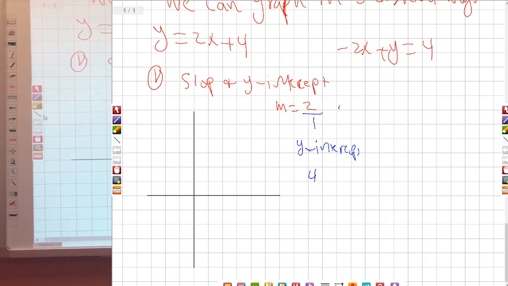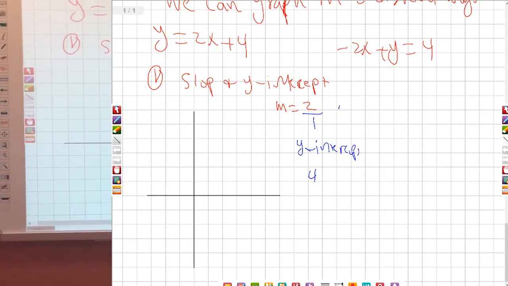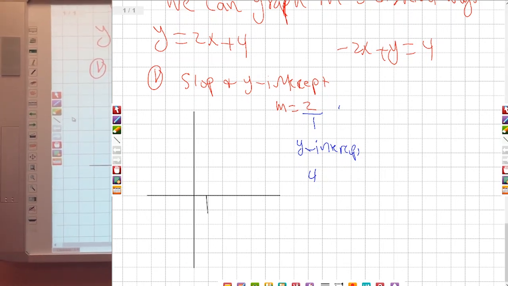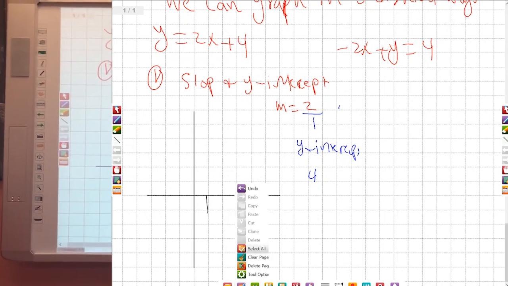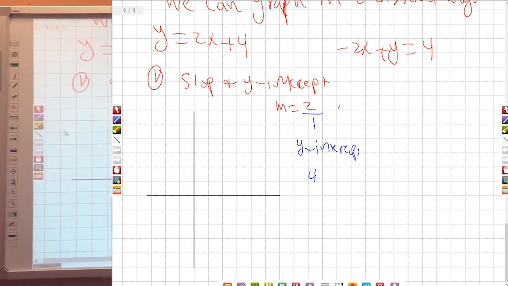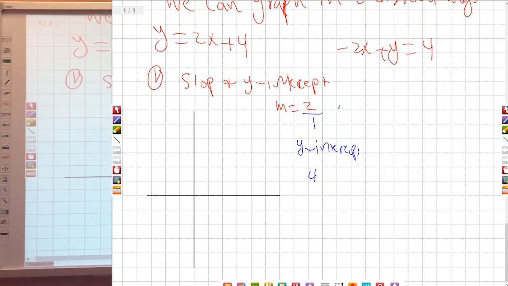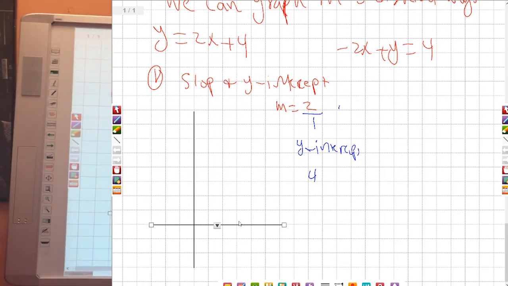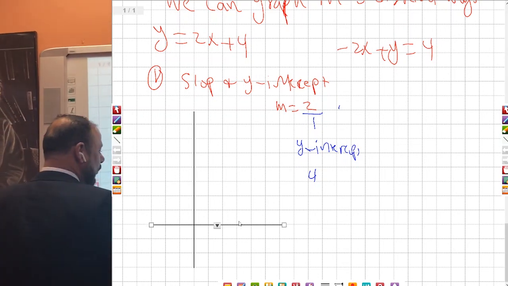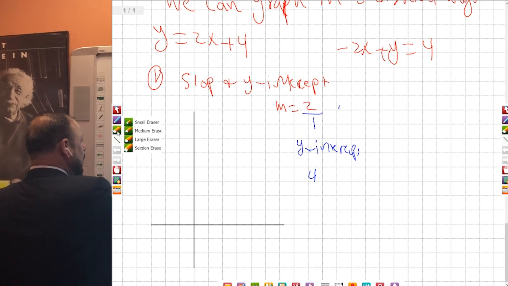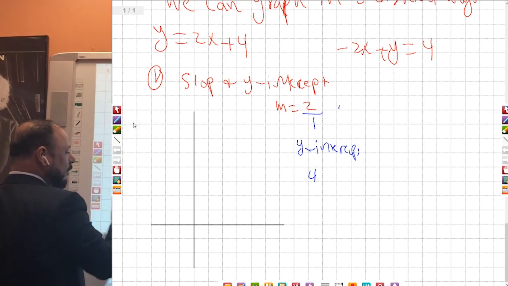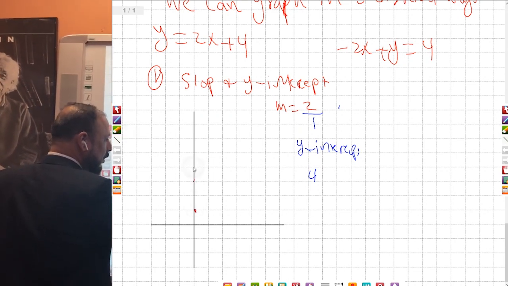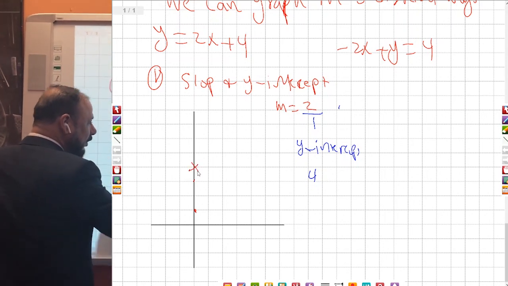Let me move this line a little bit down. Okay, start from 4. 1, 2, 3, 4. This is your starting point.